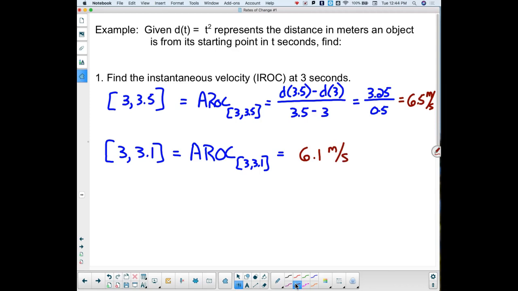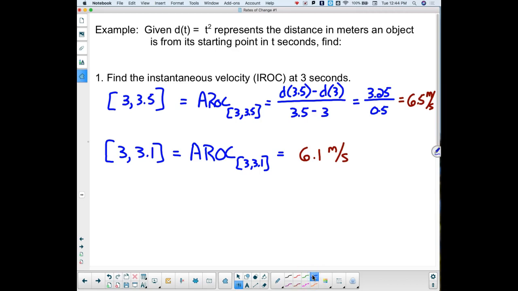Because we get 9.61 minus 9 all over 3.1 minus 3. So we get 0.61 divided by 0.1, which is 6.1. But still, when we're thinking about instantaneous, yes, a tenth of a second is small, but in the instantaneous world, it's still pretty big.